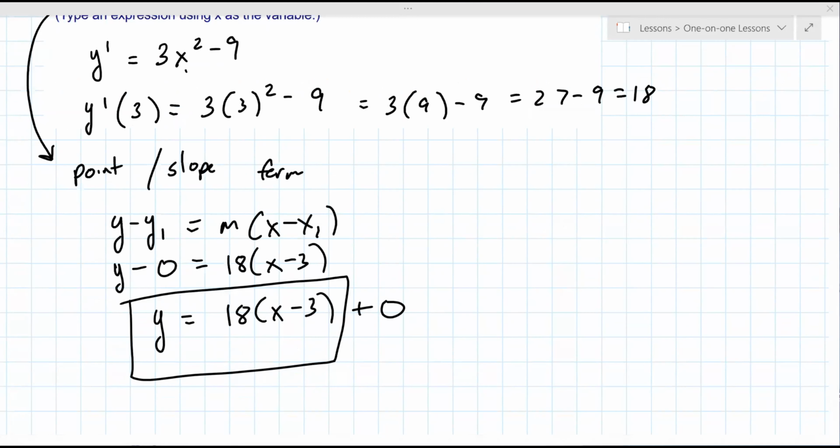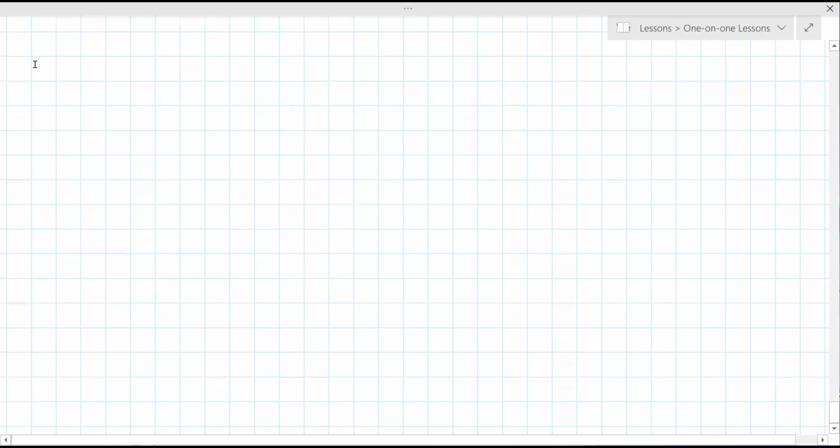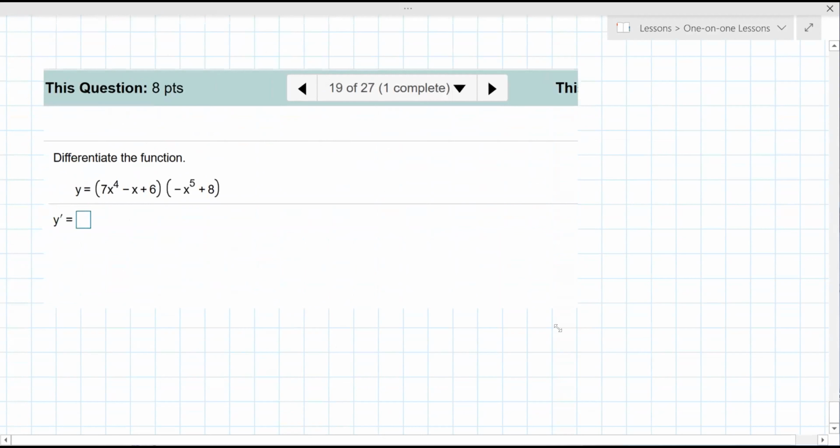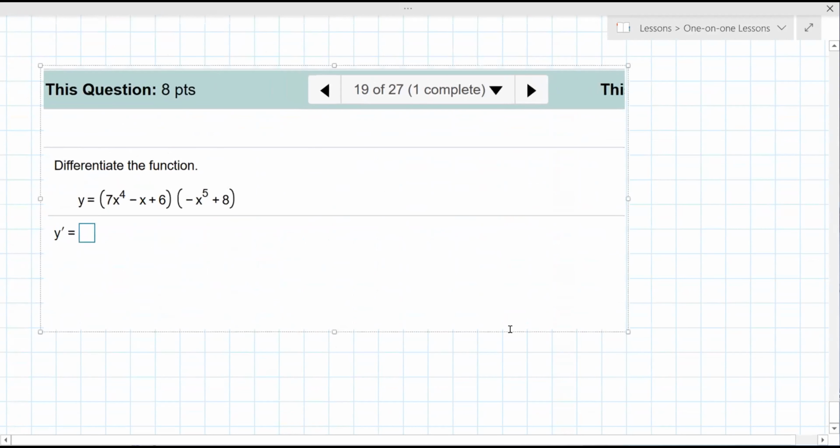Yes. Okay. 19 is using the product rule. Is that something you guys covered? Yeah, but I want to just touch on it again. Of course. I only ask because it's kind of a leap from what we were just doing. So there are rules for this.